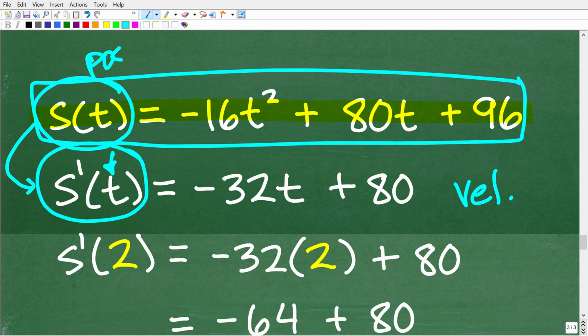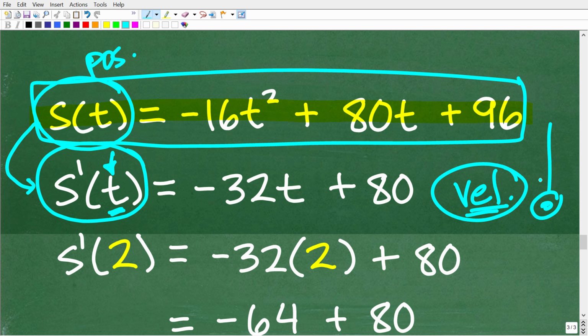So we're going to go from position to velocity. We're taking the position function, we're going to find the first derivative, and now we have a new formula that will tell us the instantaneous velocity of the ball at any time t, i.e. at any second through the journey, we can determine the instantaneous snapshot speed of the ball at that moment in time.